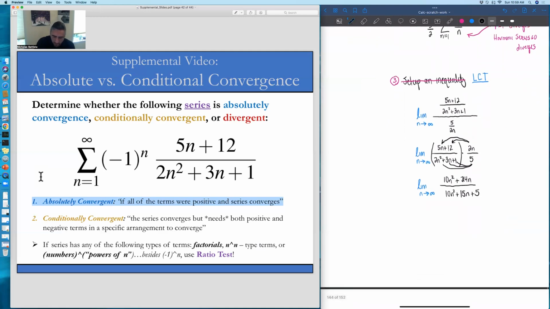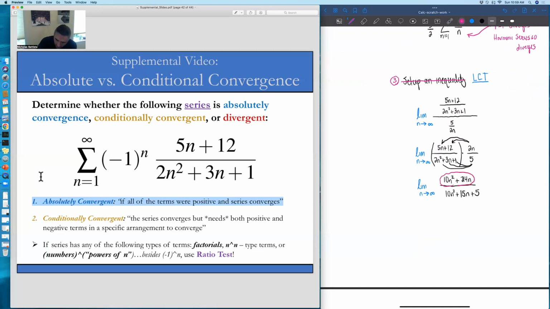Now remember, for limit comparison test, what we want to show is that this limit is any finite non-zero number. If this limit is any finite non-zero number, then what limit comparison test tells us is both series do the same thing. So let's see what happens as n goes to infinity.